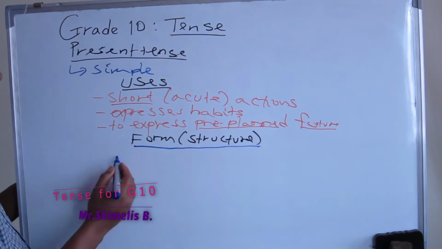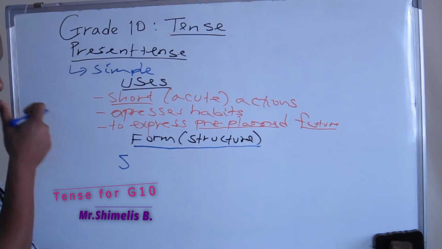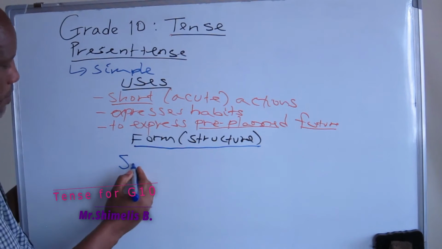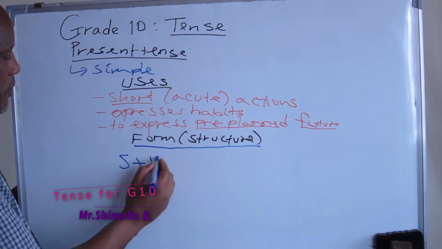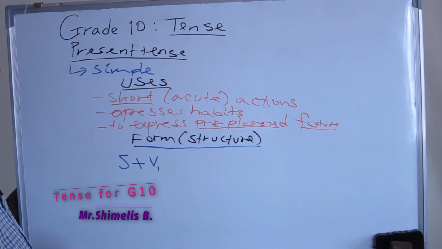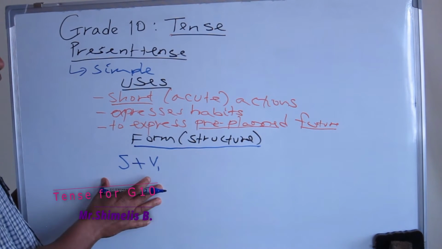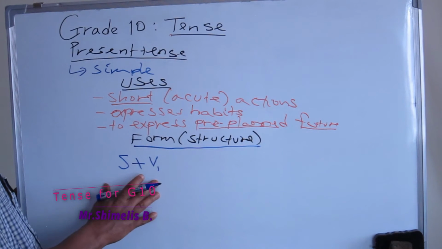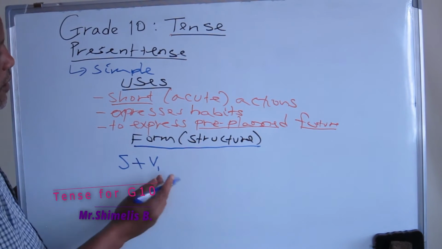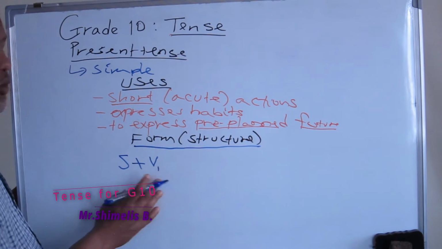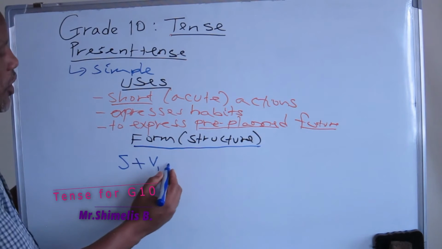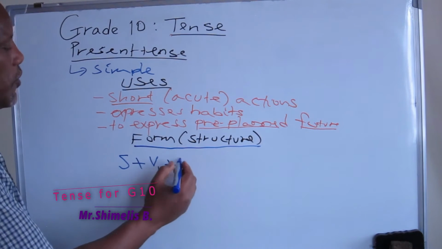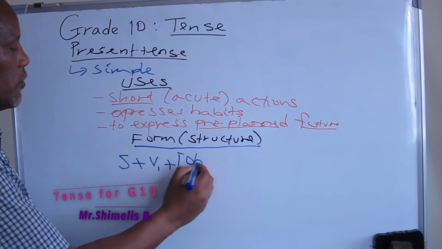As a sentence, it should have a subject and the main verb becomes the first form of the verb. Every sentence should have at least a subject and a verb to be called a complete sentence. Depending on how the verb is used, we might have an object.